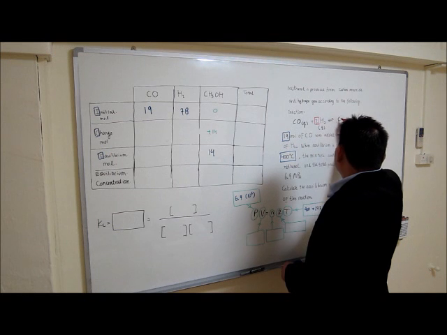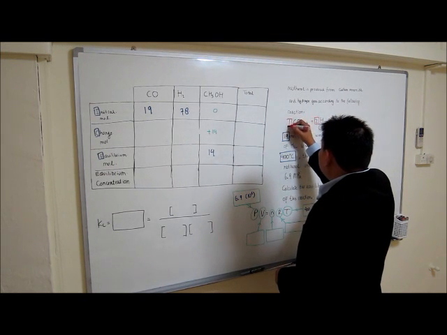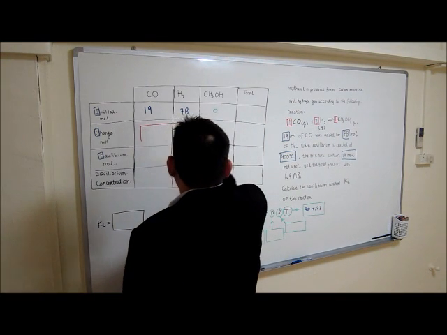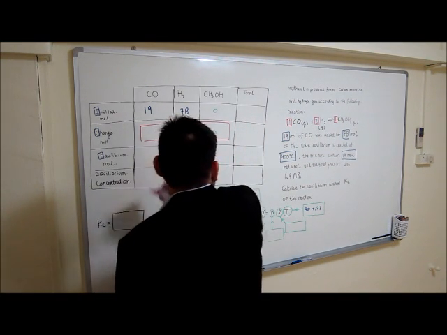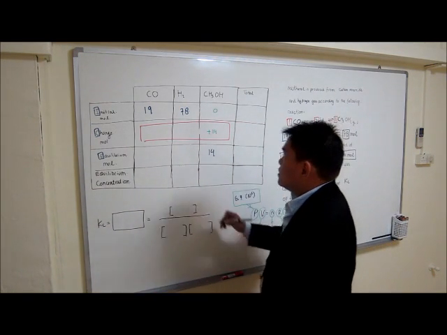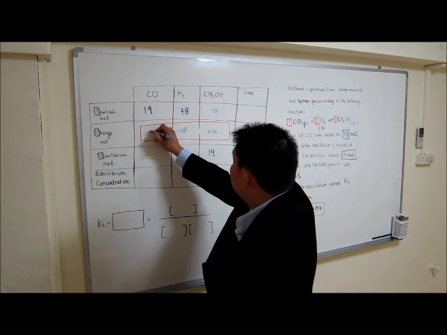The mole ratio that we use is from the equation. So you're going to put negative 28 here and negative 14.